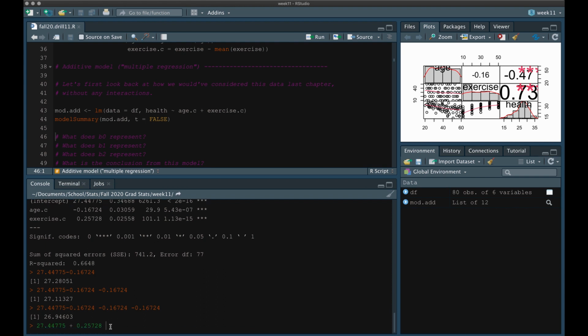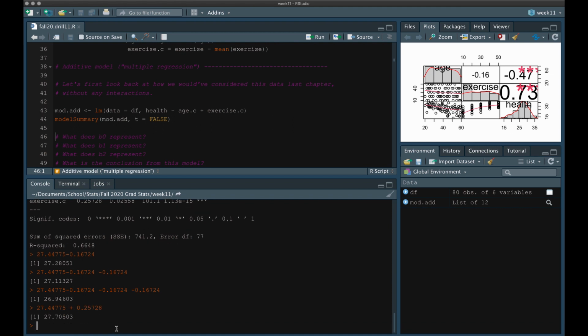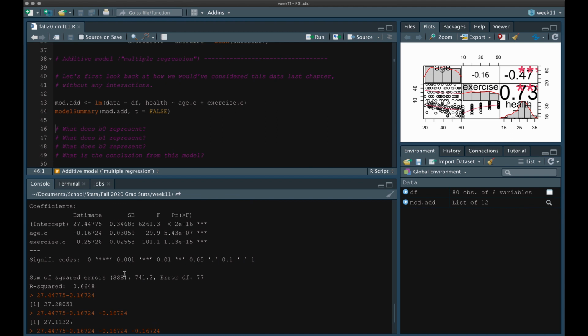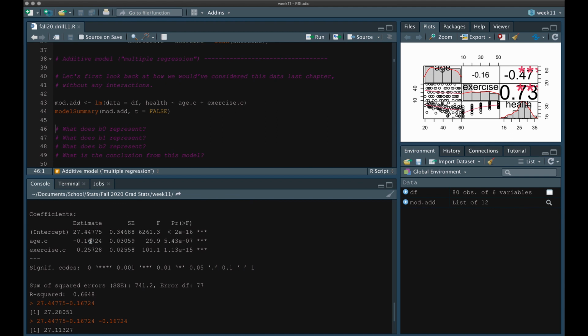A 40-year-old who averages 31 hours per month, we would predict their health score to be 27.7. For somebody who goes 2 hours above average, so 32 hours of exercise per month, we predict a score of 27.96. So that's all these slopes mean. For a 1 unit increase in this variable, holding the other one at 0, this is what we predict will happen to their scores.